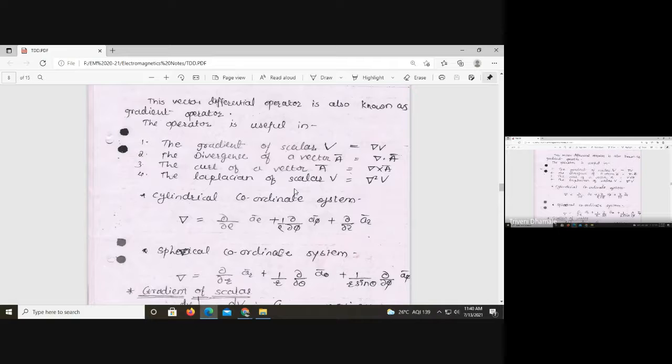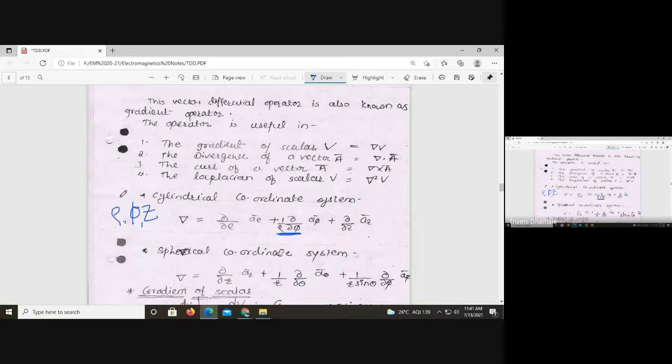Now in the cylindrical coordinate system, the coordinates are rho, phi, and z. These three coordinates are there. So the del differential operator is: partial derivative with respect to rho, a rho cap, plus 1 upon rho times partial derivative with respect to phi. Here is one trick to remember: what is the differential length of phi?